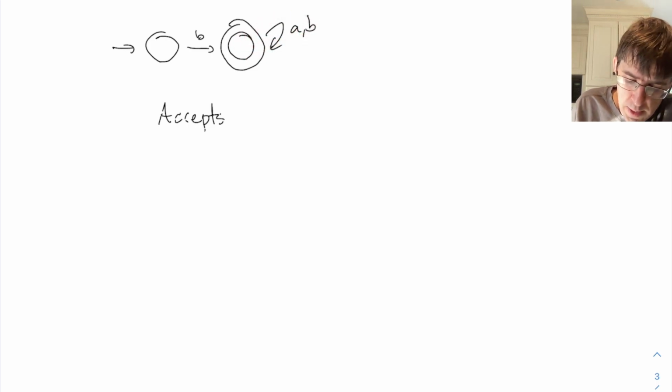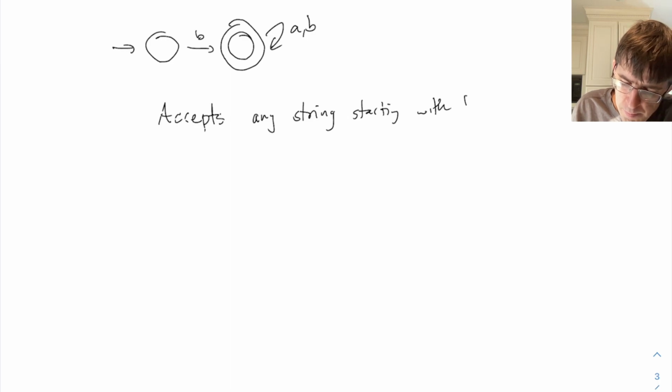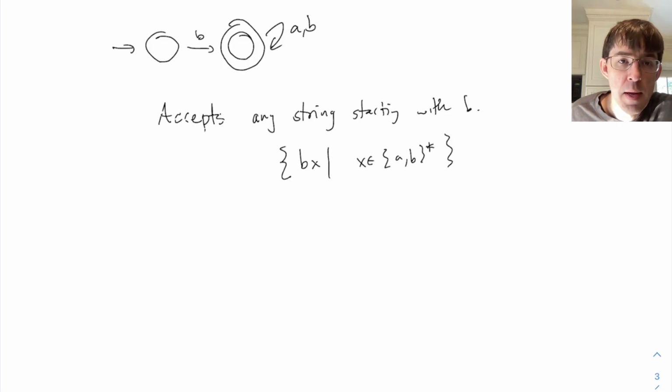So this one accepts any string starting with B. Another way of writing that is, if you prefer, BX, where X is in {A,B}*. Remember, X in {A,B}* means that can be any string, but it has to start with B. B first, and then whatever you want afterwards.